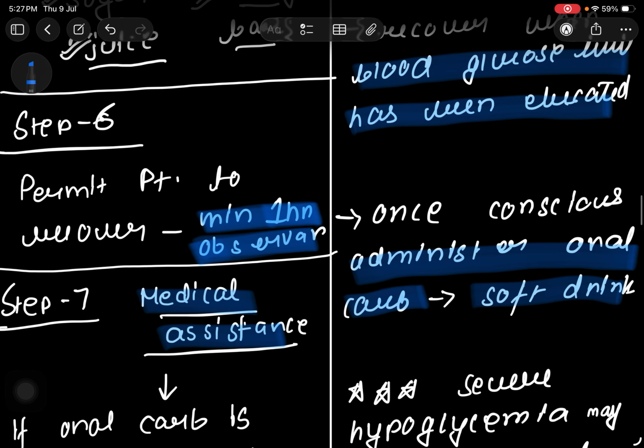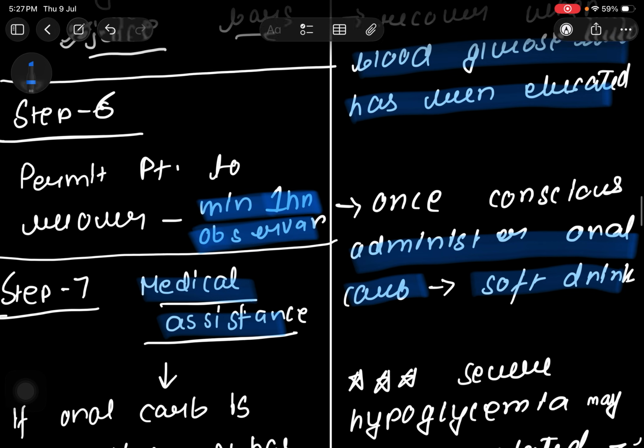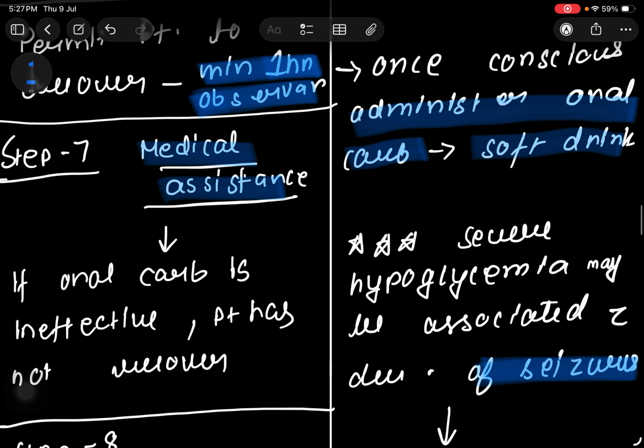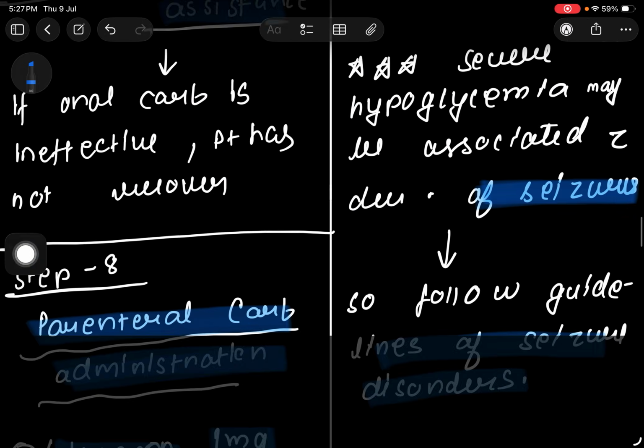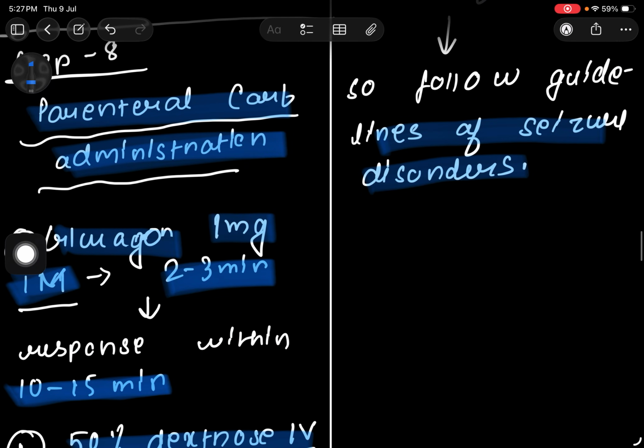Okay, then we will permit the patient to recover, and for that we will give a minimum of 1 hour observation to the patient. Then if the patient does not recover after 1 hour, we will call for medical assistance. Okay, in medical assistance, the medical person will administer glucose by the IV or IM route.